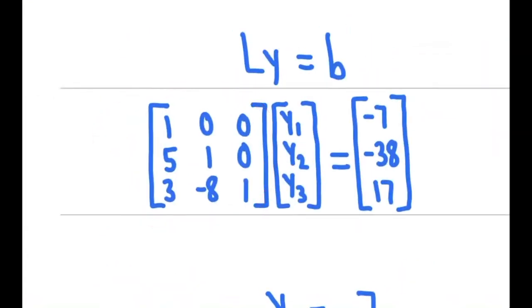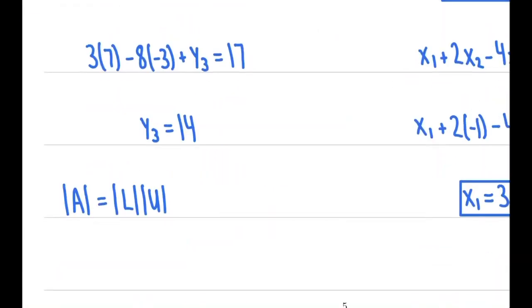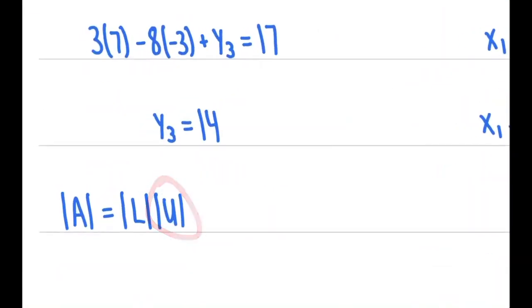You just multiply the diagonals together. Yes, the determinant of a triangular matrix, whether it's upper or lower, is just the product of the entries on the main diagonal. And since we're using Doolittle decomposition and I defined the entries on the main diagonal of L to be 1, the determinant of L is just 1 times 1 times 1, which is 1. So really, the determinant of A just equals the determinant of U.